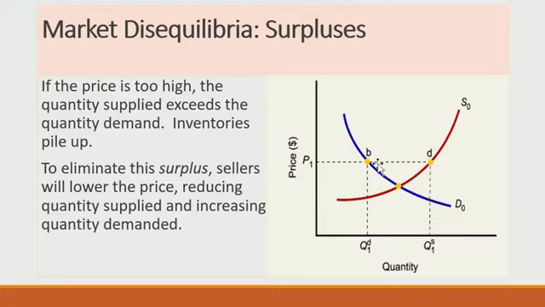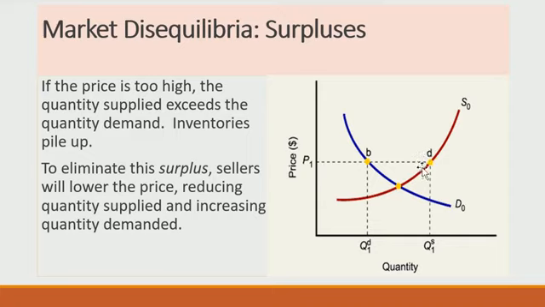So there is a difference between quantity demanded and quantity supplied, and these two are not equal. Since the quantity supplied is higher than the quantity demanded, there will be an excess supply in the market, which we call a surplus. So how can we eliminate this surplus?